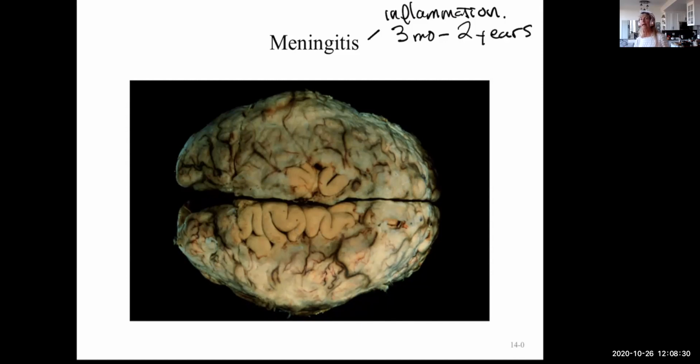There is a way that bacteria and viruses at this early age can enter the brain: bacterial or viral invasion through the nose and throat.